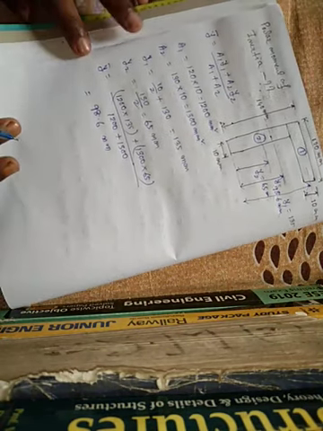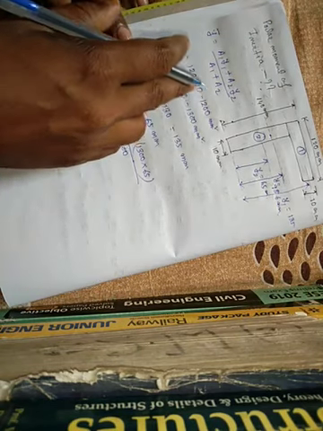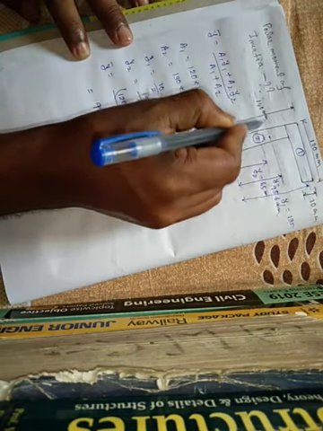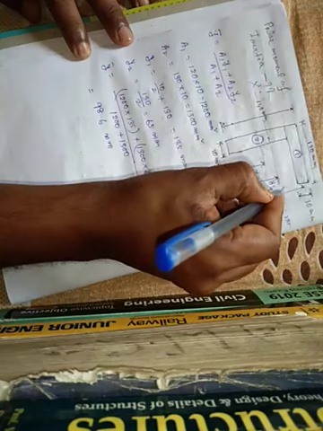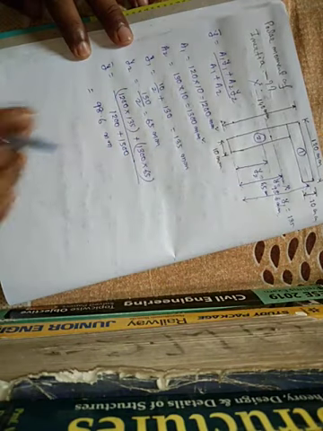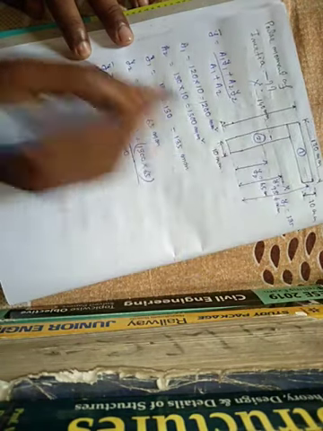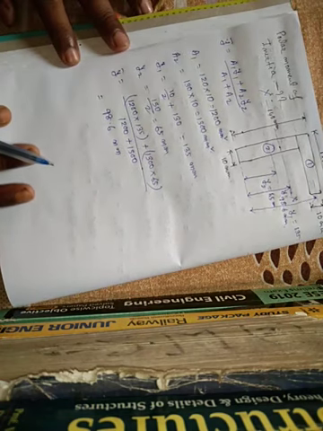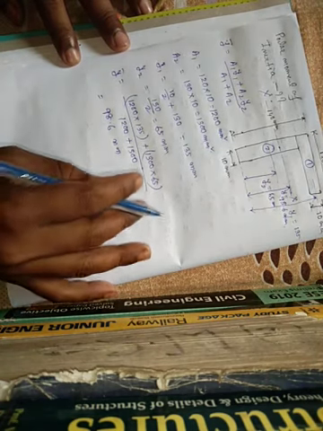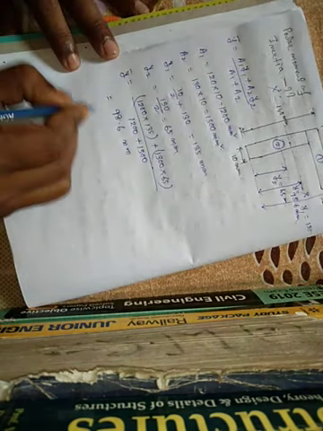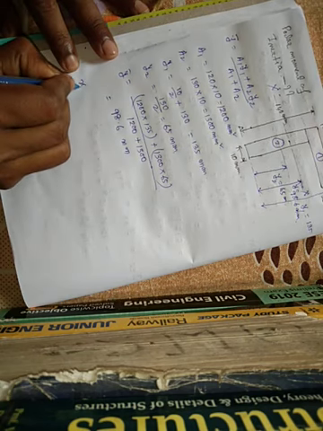Now calculate the moment of inertia about x-axis. This is the x-axis. Let me first calculate for the y-axis. So y-axis means x bar.